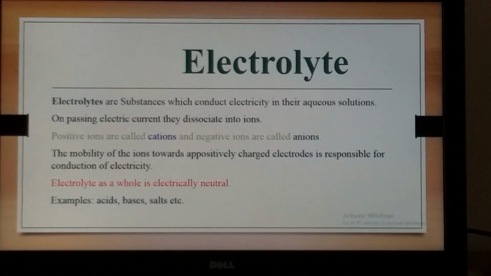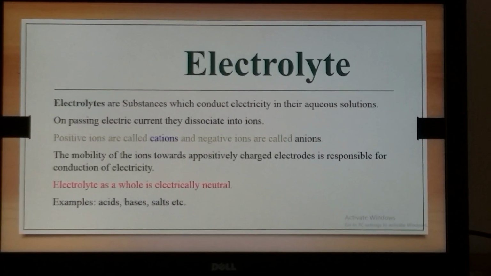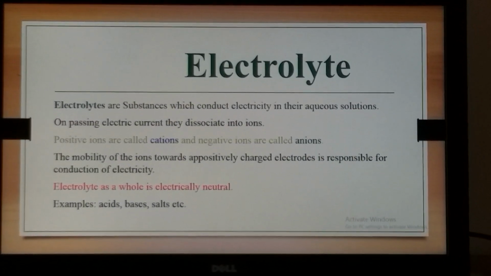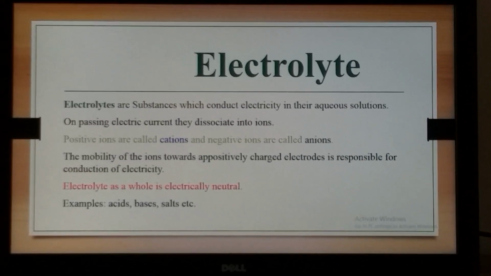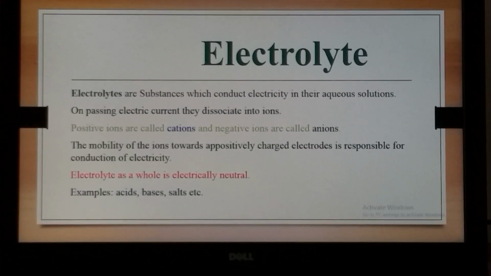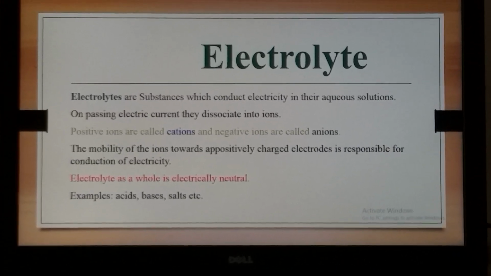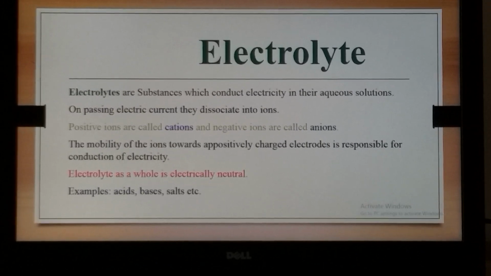The positively charged ions are called cations and the negatively charged ions are called anions. These ions move towards oppositely charged electrodes and are responsible for the conduction of electricity.